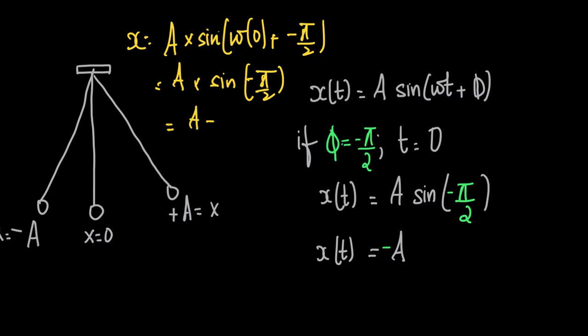Sine minus theta is minus sine theta, which is a times minus sine pi by 2. Sine pi by 2 is 1, so this is minus a, which means when we started to observe the motion, the bob was not in these positions. It was rather at x equal to minus a. Okay.